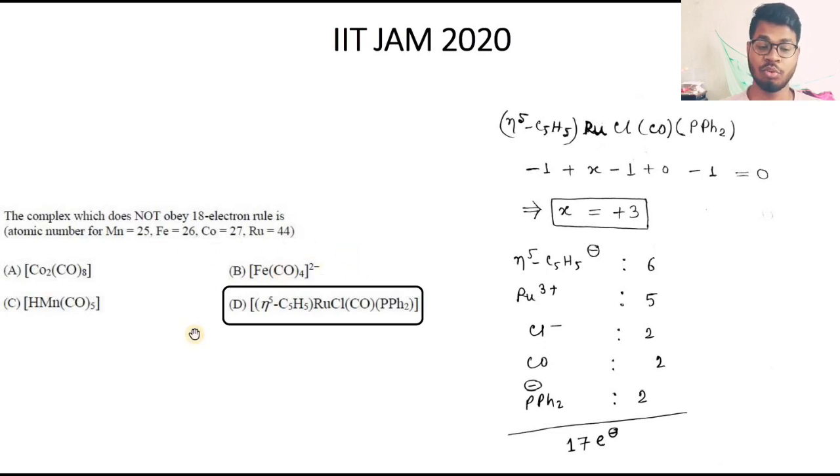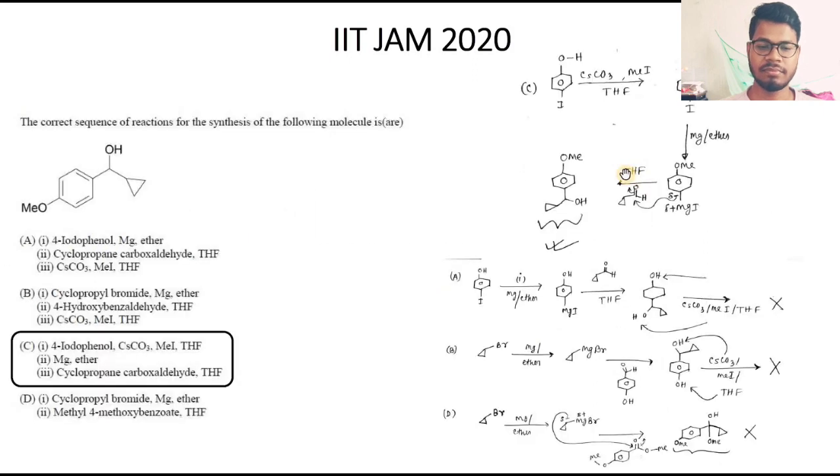So I have shown you that eta 5 Cp minus gives 6 electrons, Ru3 plus, 5 electrons, Cl dot, and I have done one rough calculation, and it's not following the 18 electron rule.